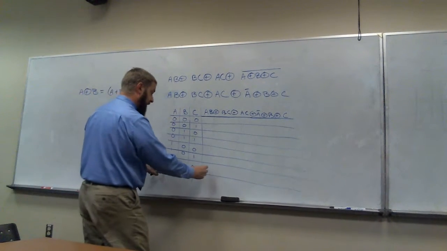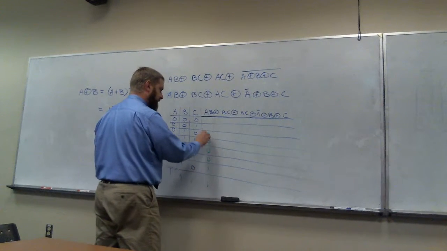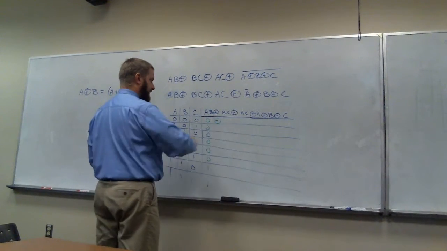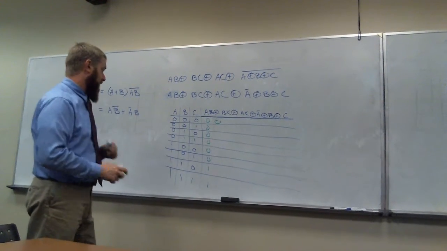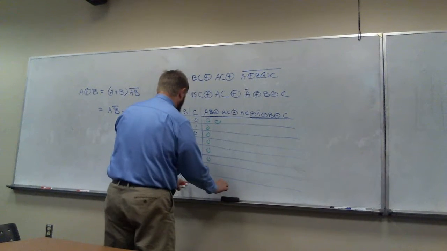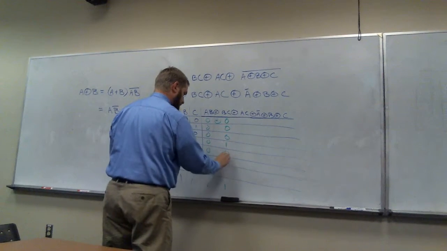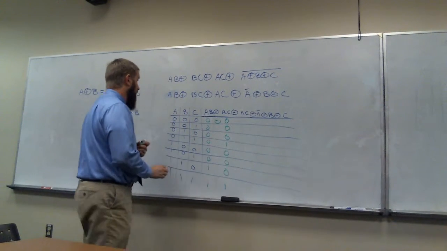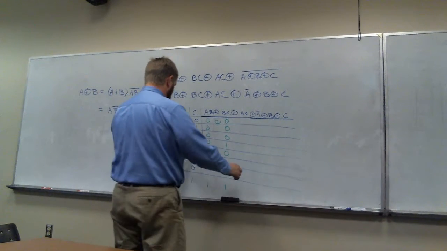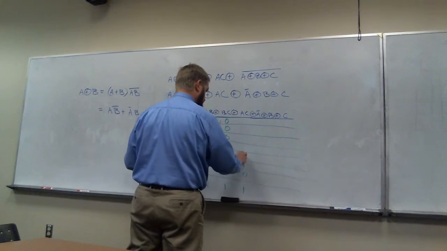So AB, that would happen here. Every other case, those are going to be zeros. XOR BC, same thing. BC is going to be a 1 here, here, every other case, zeros. AC, same story. It's going to be a 1 here, 1 here, everywhere else is 0.